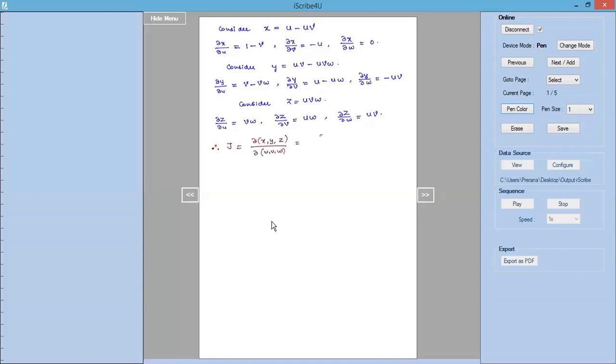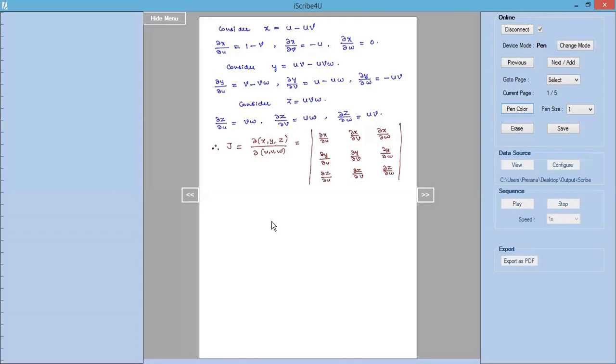The formula is dou x by dou u, dou x by dou v, dou x by dou w in the first row; dou y by dou u, dou y by dou v, dou y by dou w in the second row; third row, dou z by dou u, dou z by dou v, and dou z by dou w. This is a 3 cross 3 determinant.